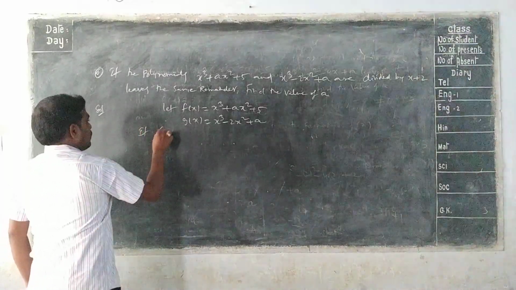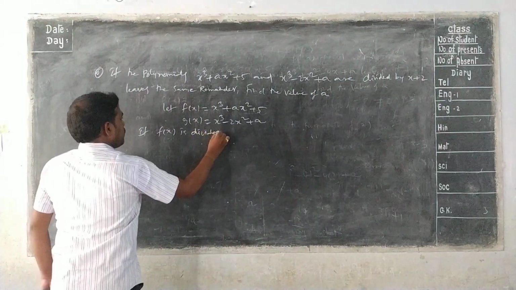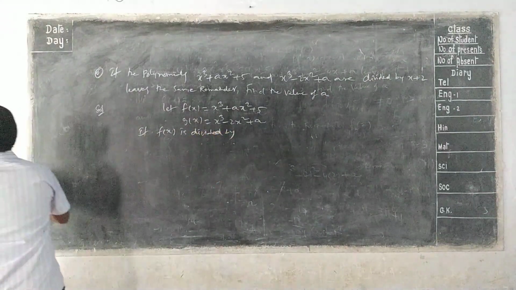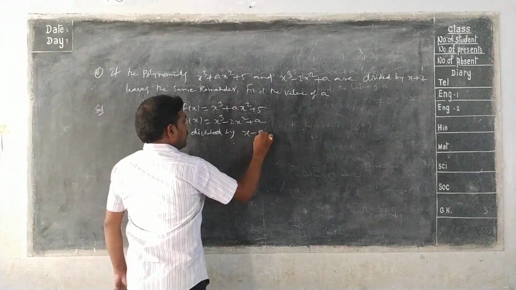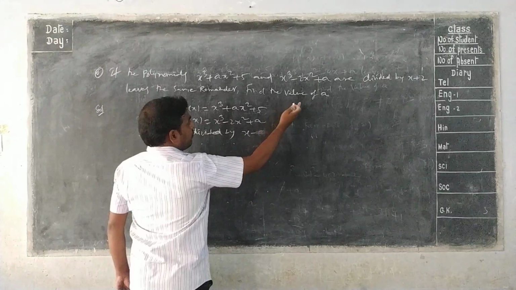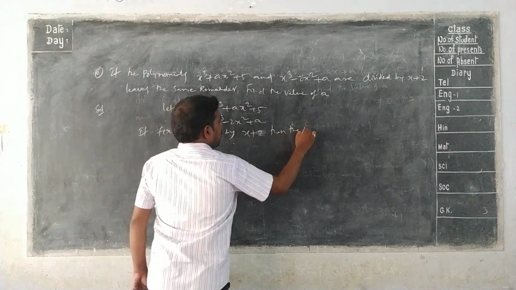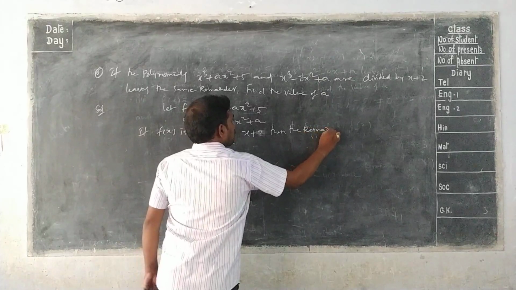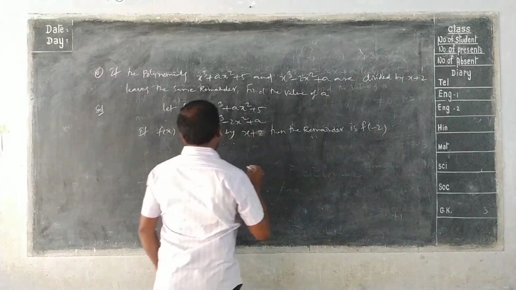If f of x is divided by x plus 2, then the remainder is f of minus 2.